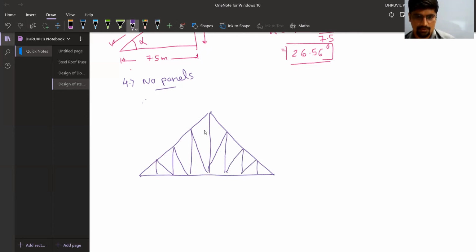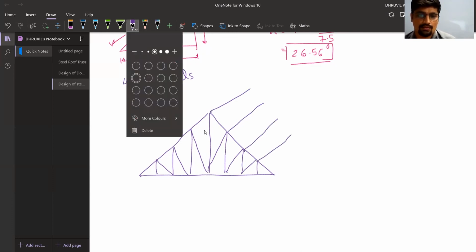This is a roof truss. So the roof covering materials are placed on the roof, like this.